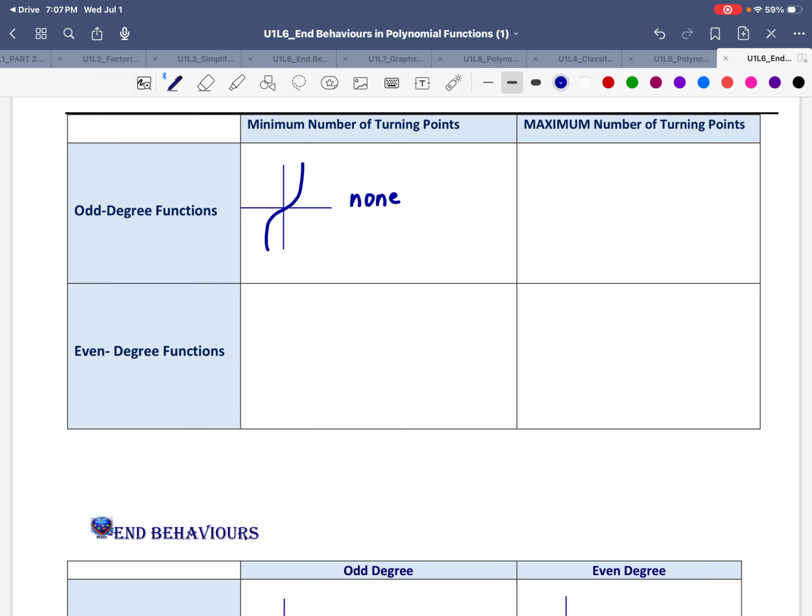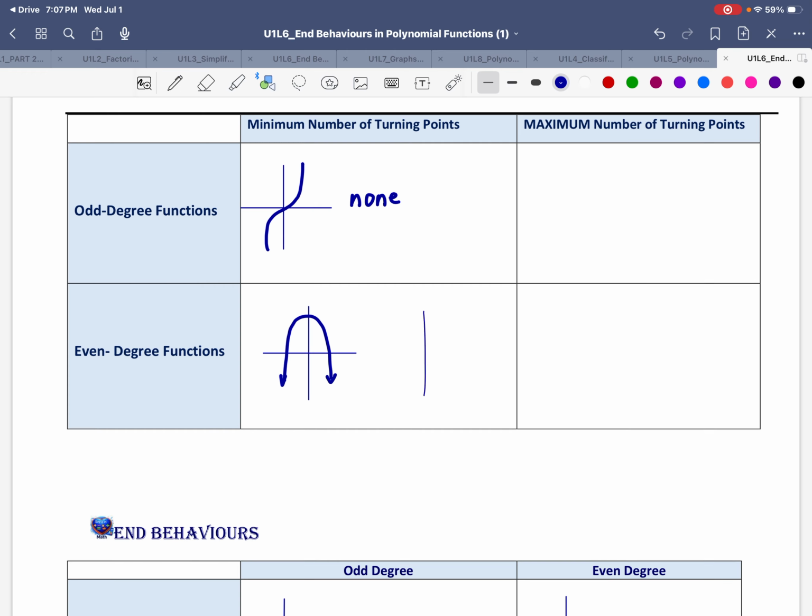Now, the even degree polynomial functions, on the other hand, will need to make a turn at least once. And the reason why, we said, is because even degree polynomial functions have their end behavior such that they go the same direction at both ends. So at the ends of the graph, the y values can be either both decreasing or both increasing.